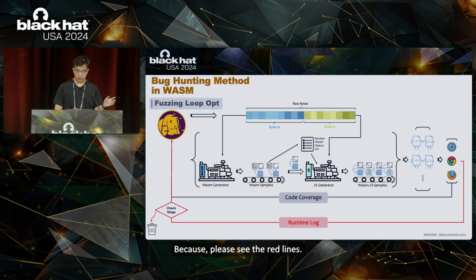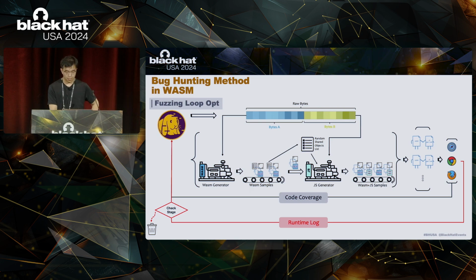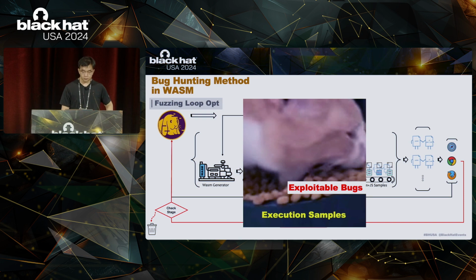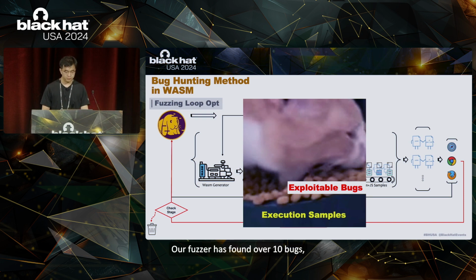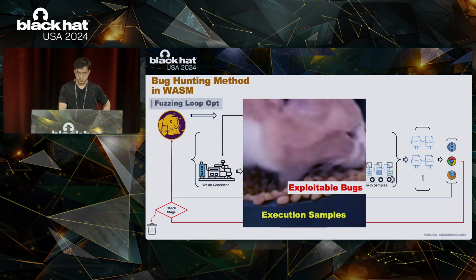Please see the red lines. Samples that belong to the execution phase are most likely to be mutated, while those not in the execution phase are directly removed from the queue. This strategy greatly increases the proportion of samples in the corpus that really trigger the execution phase. Our fuzzer has found over 10 bugs, and several of them are pretty easy to exploit during the execution process.